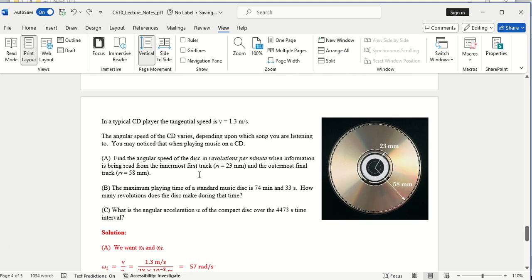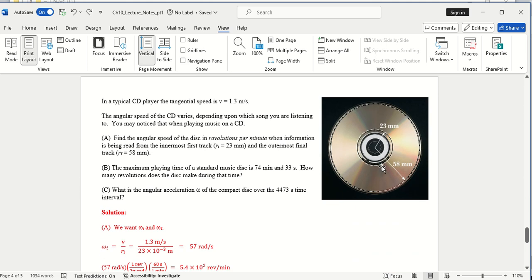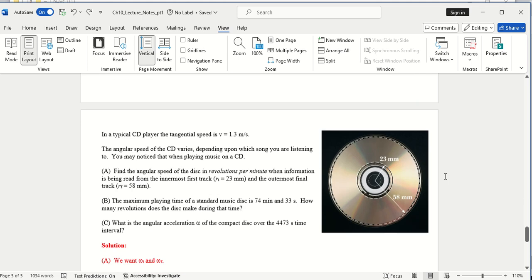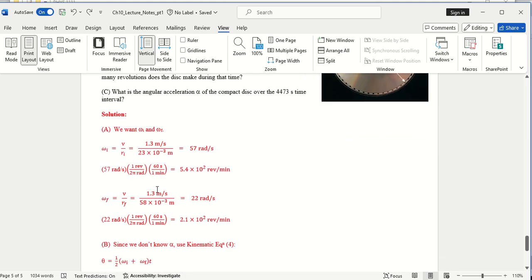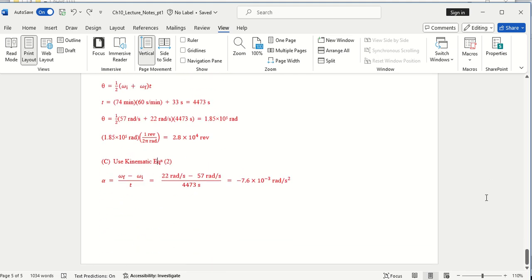And again, with this example for a CD, because the binary information passes through the laser and the lens system, each track has to pass under the lens and the laser at the same linear speed. So V is the same for each track. Hence, the CD will rotate at a different omega depending upon what track you're listening to.